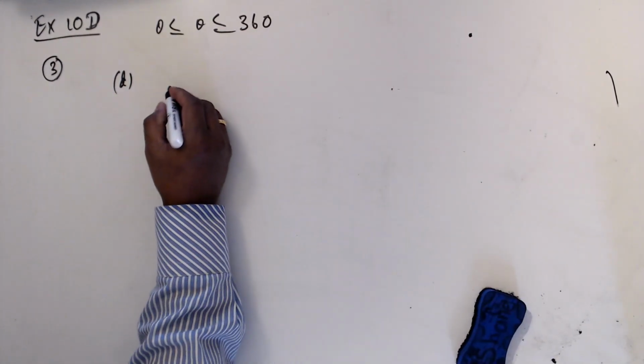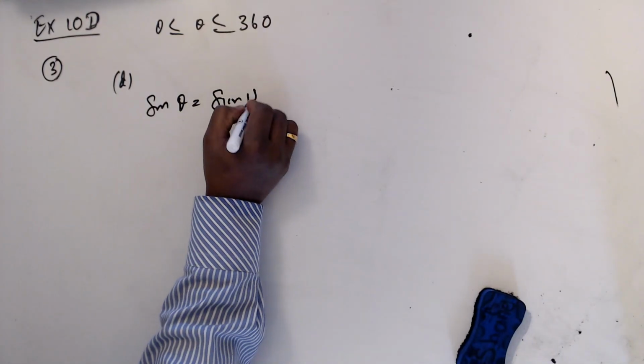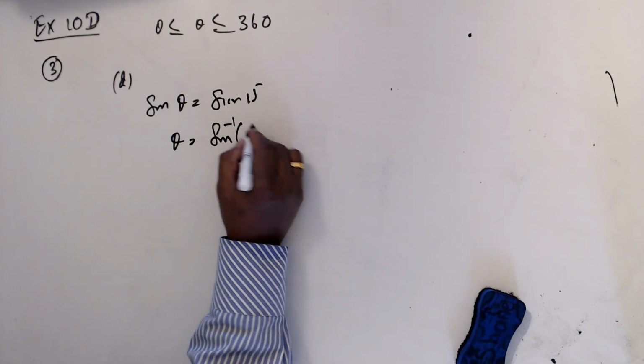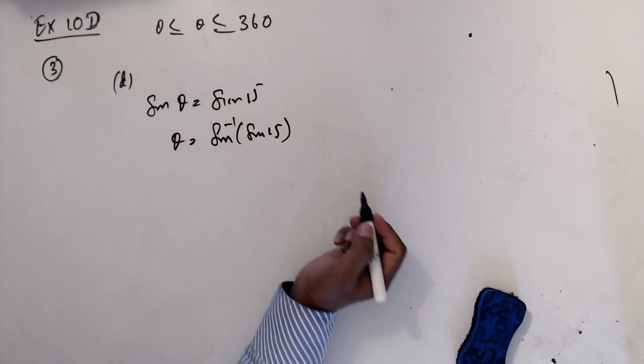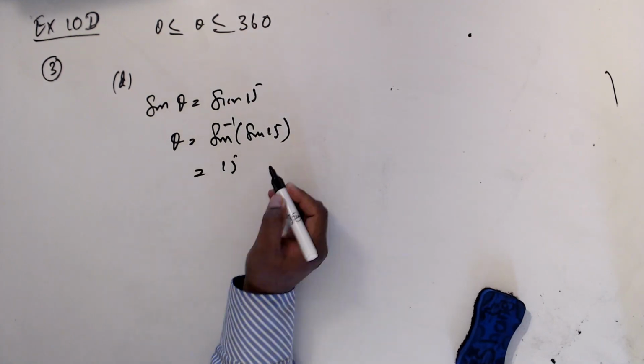So in this sum, sin theta equal sin 15. Still you can do the same thing. Sin inverse sin 15. So this answer is 15.